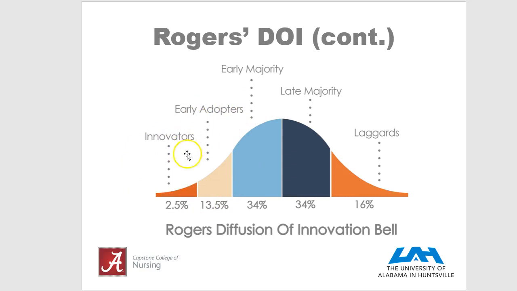Then you have the early adopters that begin to use or they're open to an innovation. Then the early majority, the late majority, then he refers to this group as the laggards. So you may hear these terms. Of course, he didn't coin these terms necessarily, but he has put them to good use here in his theory. So you may see this in some of the things that you read.